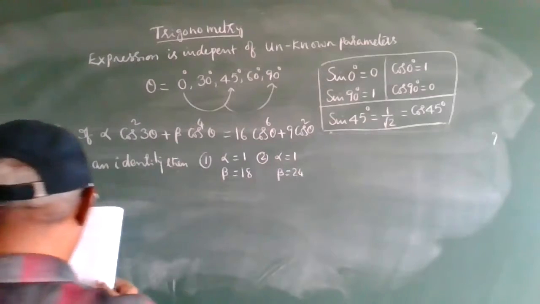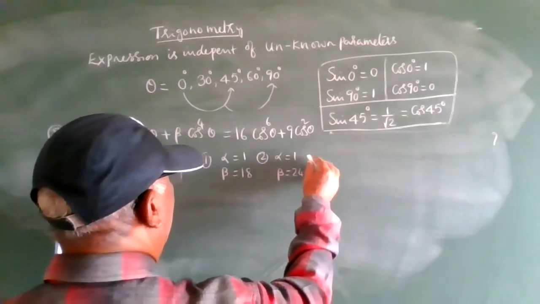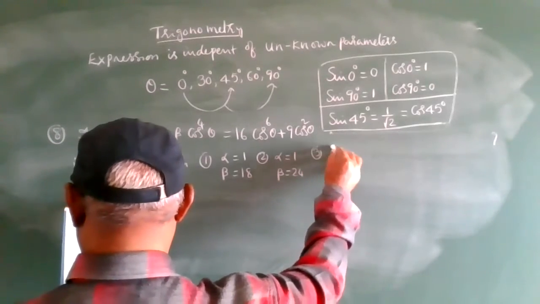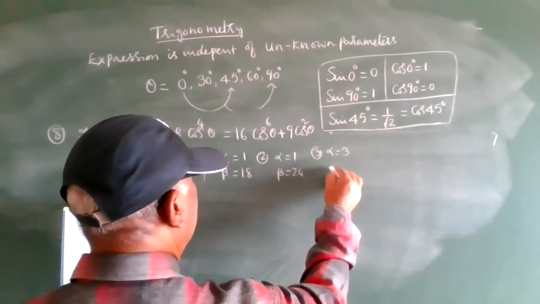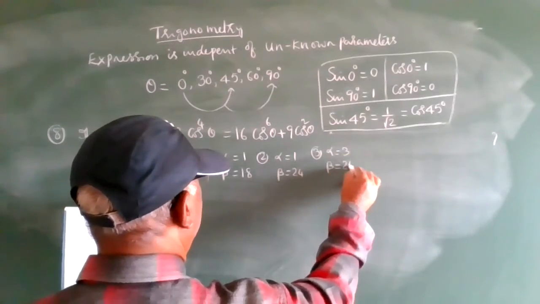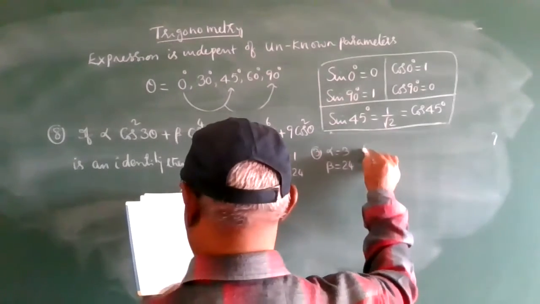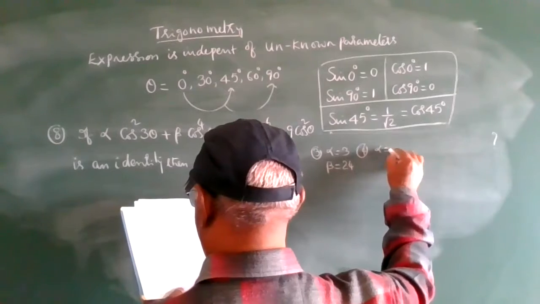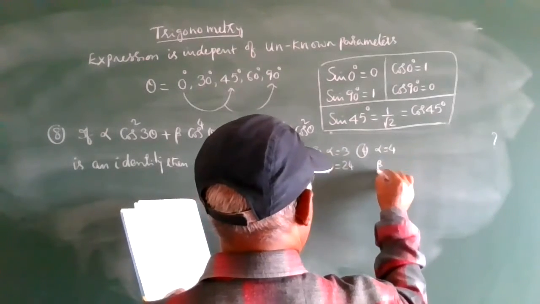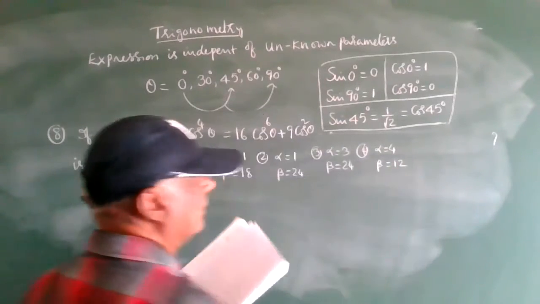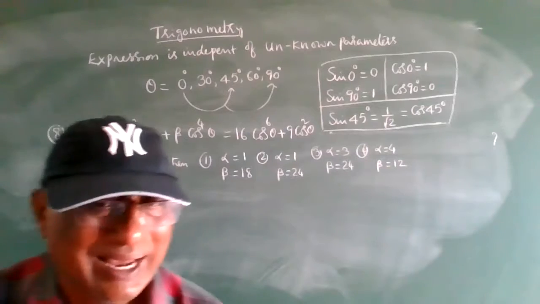Next one is alpha is equal to 3, beta is equal to 24. And the fourth one is alpha is equal to 4, beta is equal to 12. These are the given values.